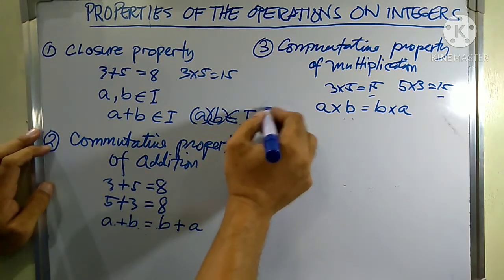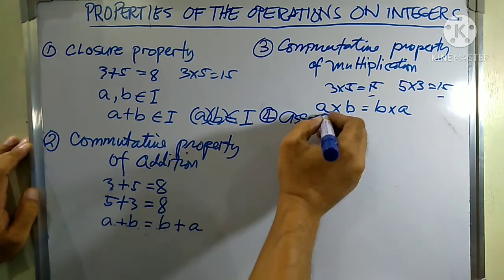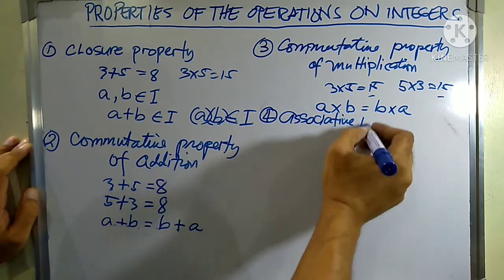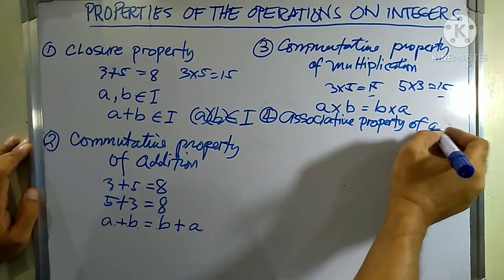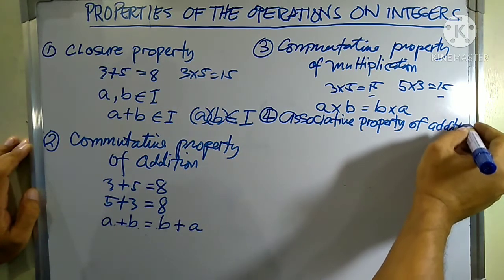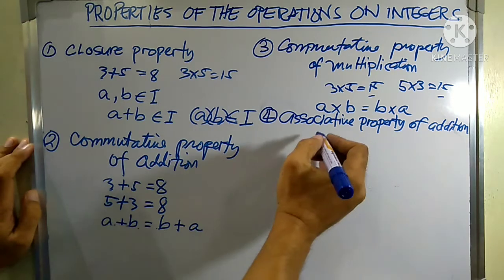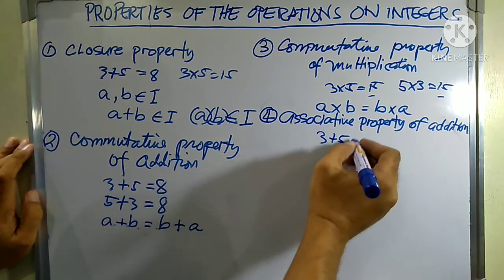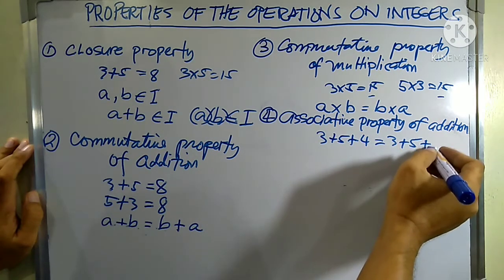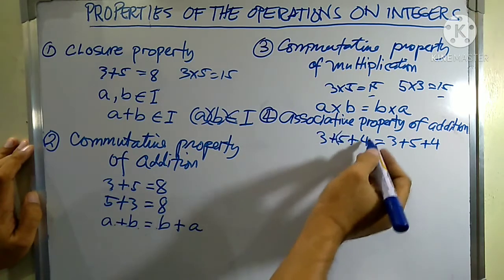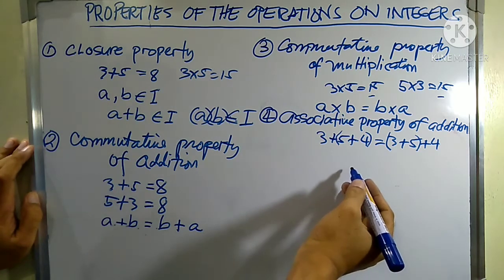Let's have number 4. We have associative property of addition. Example, we have 3 plus 5 plus 4. Let us associate these numbers, following PEMDAS.